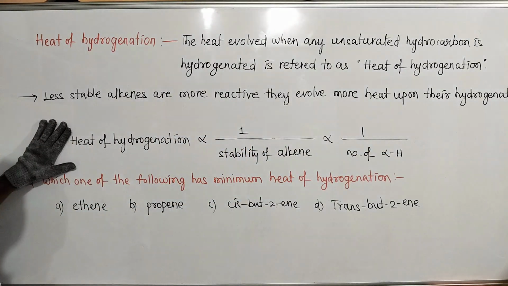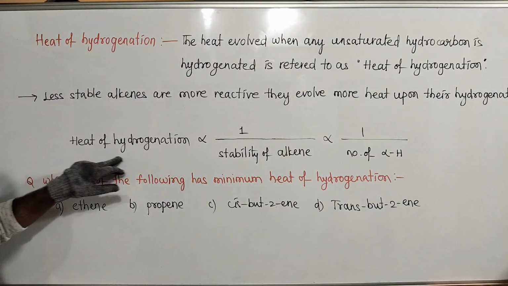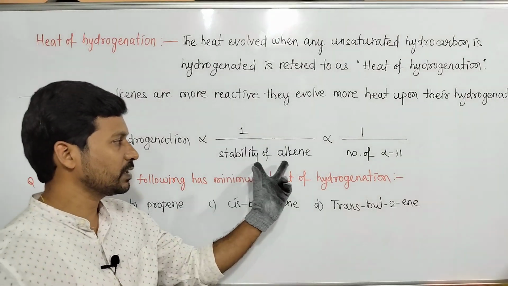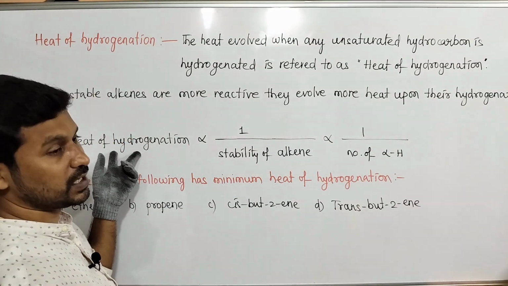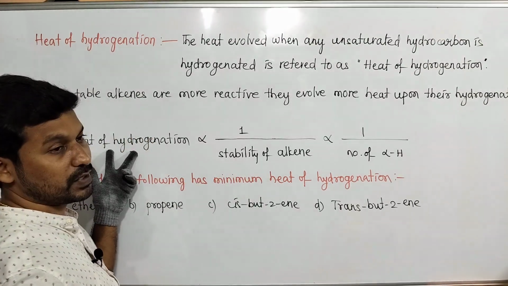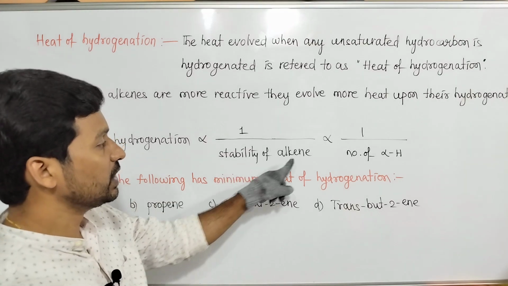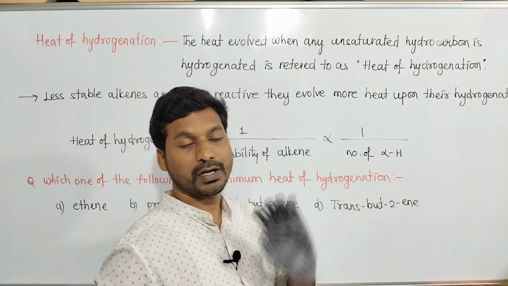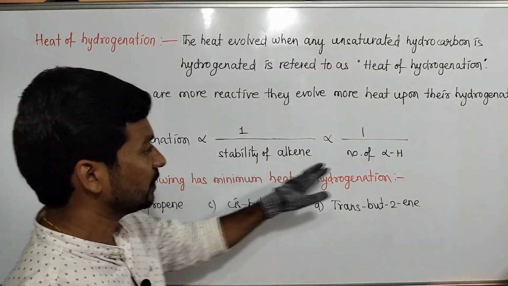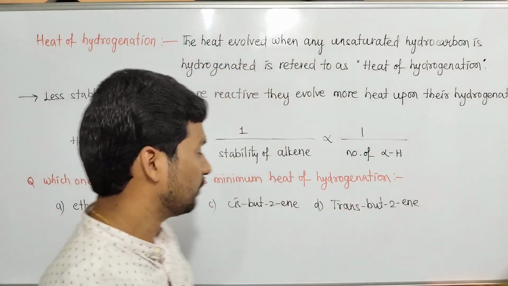That's why we can relate them like this. Heat of hydrogenation is inversely proportional to stability. The more the stability of alkene, the less the heat of hydrogenation. The less the stability of alkene, the more the heat of hydrogenation. And stability of alkene is directly proportional to the number of alpha hydrogens. That's why heat of hydrogenation is inversely proportional to the number of alpha hydrogens.